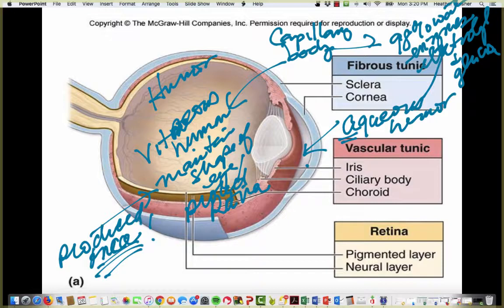Now, we have to be careful with this because there are homeostatic imbalances. For instance, glaucoma.